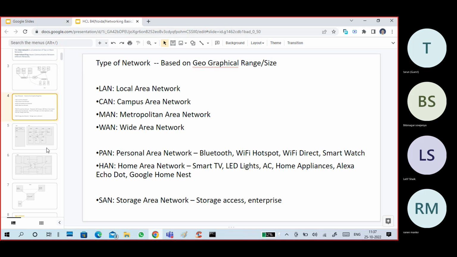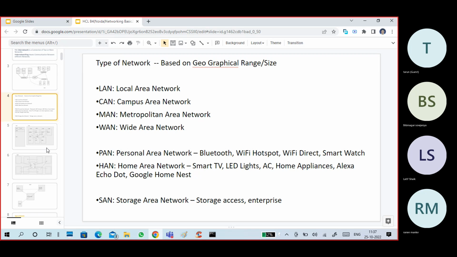Okay, so local area network. LAN, local area network. It means I'm in a room, I have two or three computers connected together. That's it, that is a LAN. Or maybe I'm on a floor, there are 50 computers connected together. That is also a LAN.